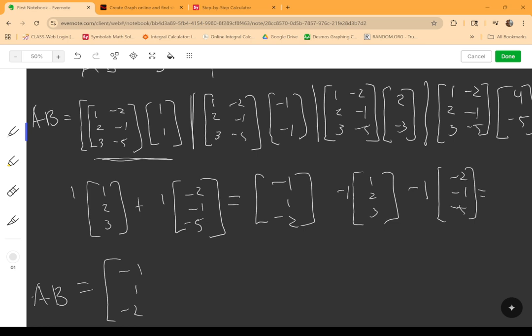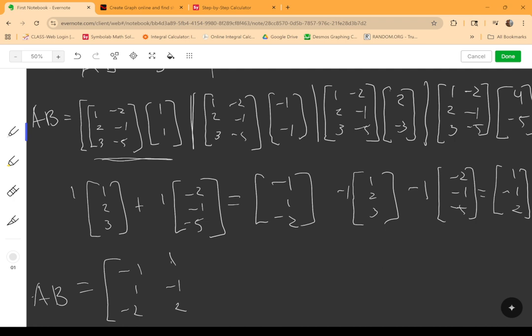Adding that together, we get 1, negative 1, and 2. So that would be my second column.